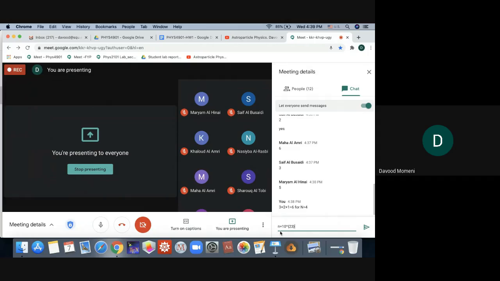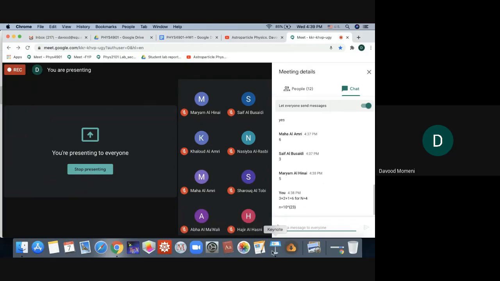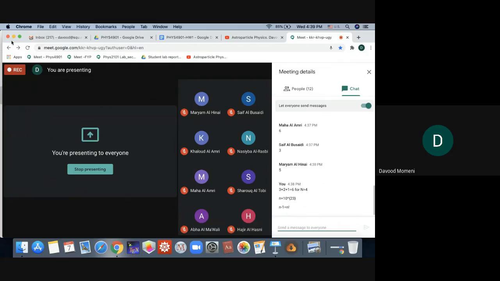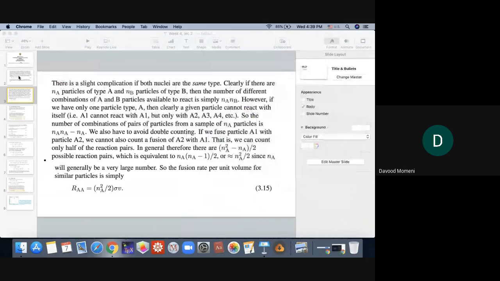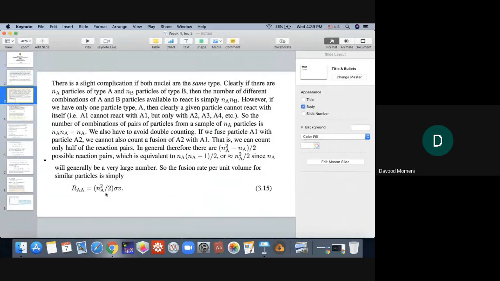So if n is 10 to the power 23, then n-1 is almost n, only for large n. Instead of n times (n-1), you can write n squared. So instead of the factor here, Na and Nb, you have just Na squared over 2.